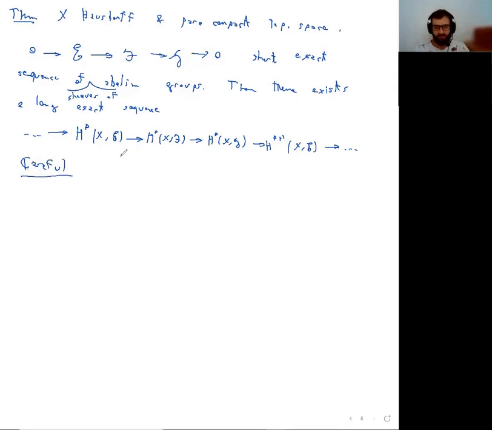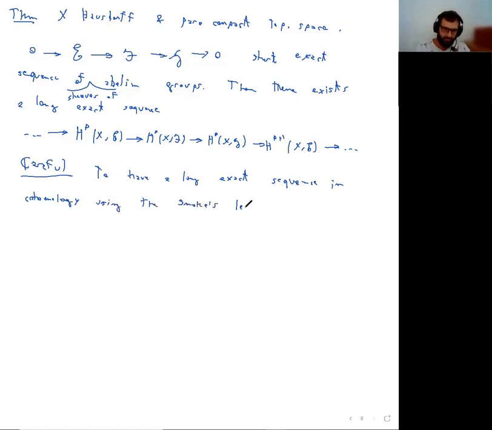To have a long exact sequence in cohomology using the snake lemma, that is what we used.